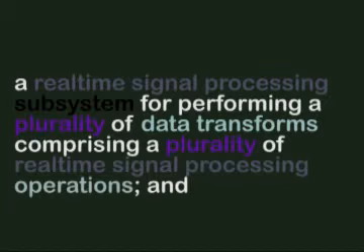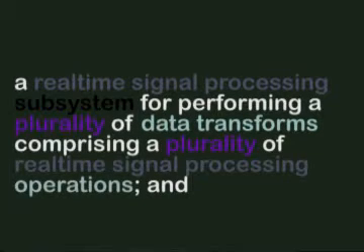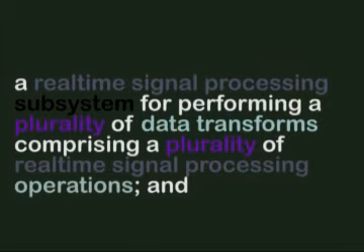Then it says a real-time signal processing system for performing a plurality of data transforms comprising a plurality of real-time signal processing operations. So that's also pretty straightforward, just saying that the real-time signal processing system is essentially something that's handling this data that's coming in a stream type system, and it has to interpret it on a very fast and constant scale.